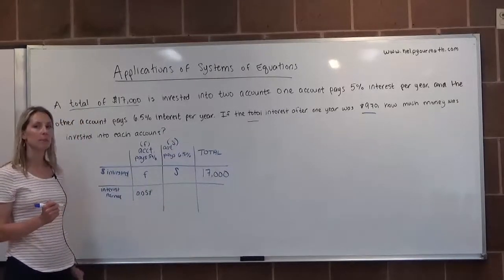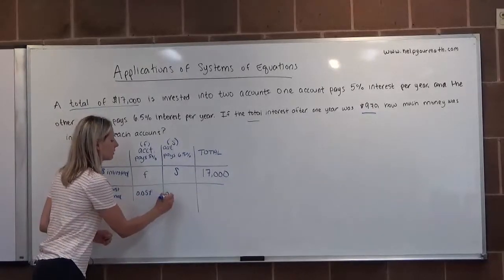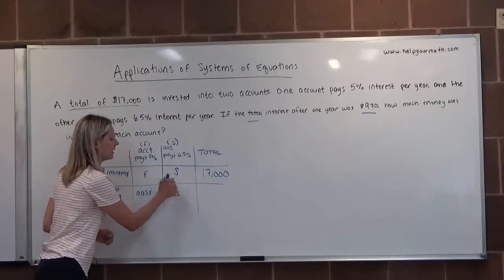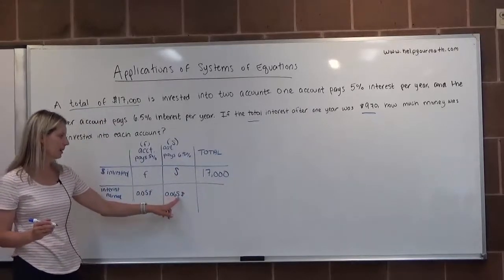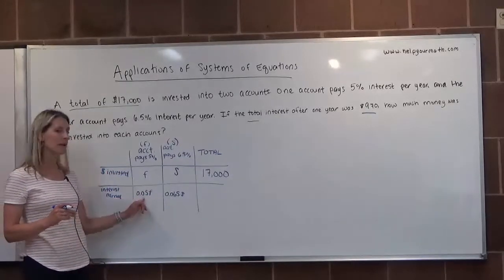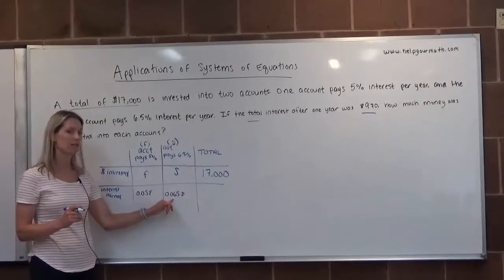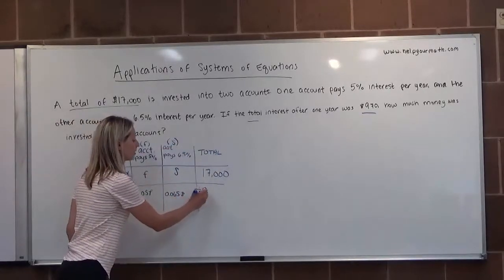This account pays 6.5% interest, so we would get 6.5% or 0.065 times however much is in here, which is s. Again, be very careful here. We have a 5 right next to an s, so it really can be tricky. Okay, so this is the amount of interest earned here. This is the amount of interest earned here. The total interest earned, it said, was $970.